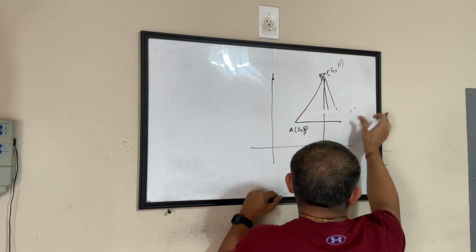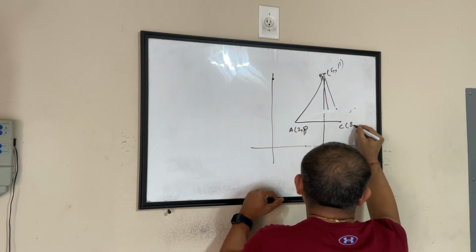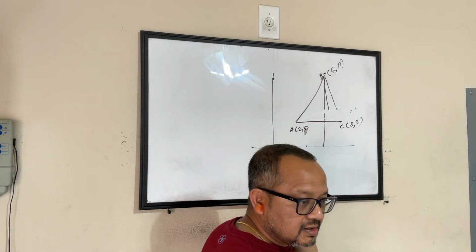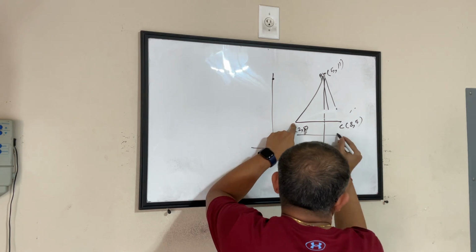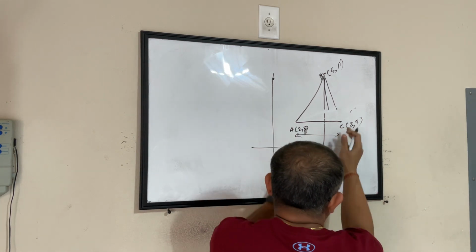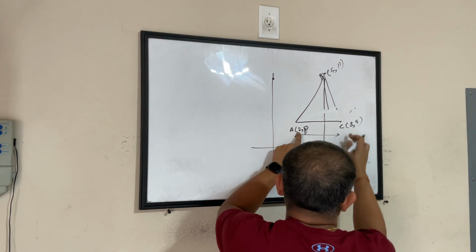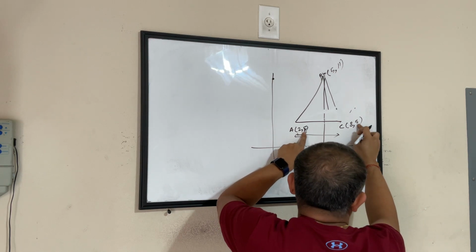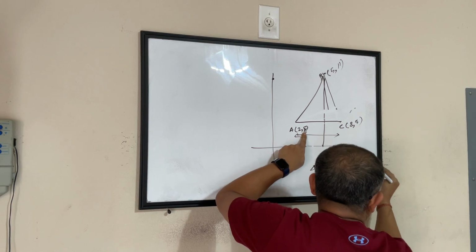So what was your coordinate for this point C? Was it not 8, 5? It was 8, 5. So then it will be 6, 8 minus 2, this will be 6. So here, this length AC is nothing but 8 minus 2 squared, 6 squared, plus the difference of y coordinates, which is, both are the same, so 5 minus 5, 0 squared.